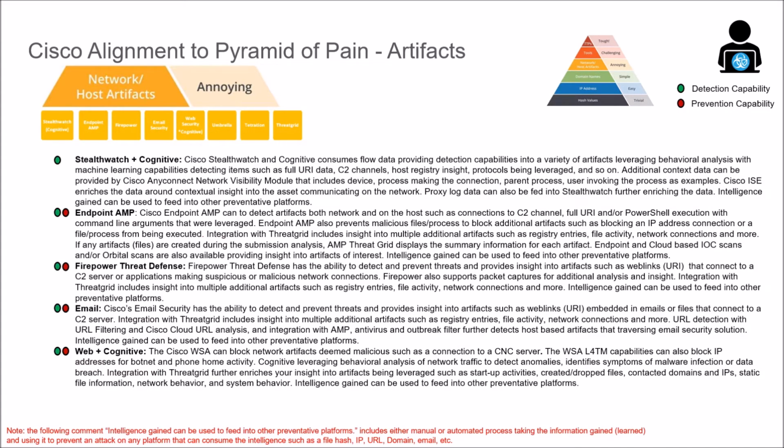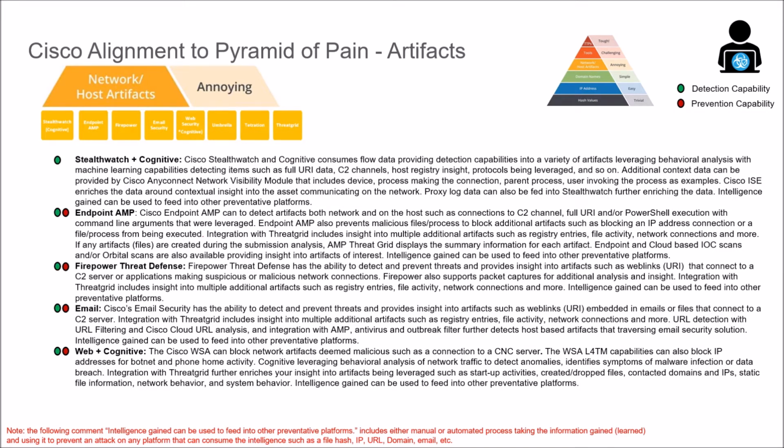I think, in Cognitive alone, there's 40 algorithms that make up the machine learning capability that's part of that offering. And so we can detect items like full URI, C2 channels, host registry insight. You get protocols being leveraged and so on, right?